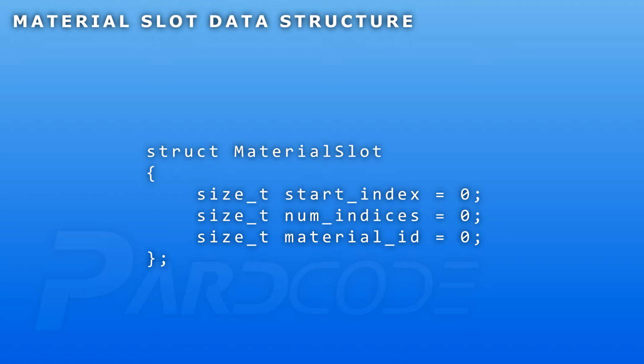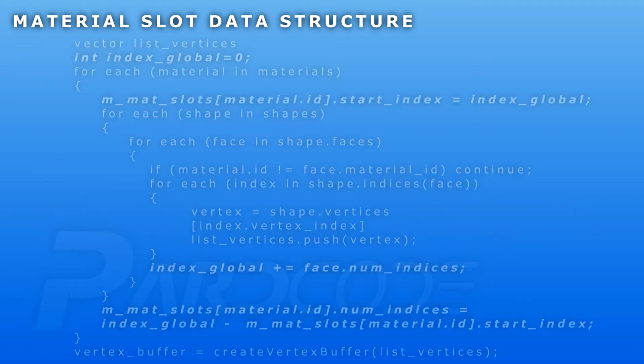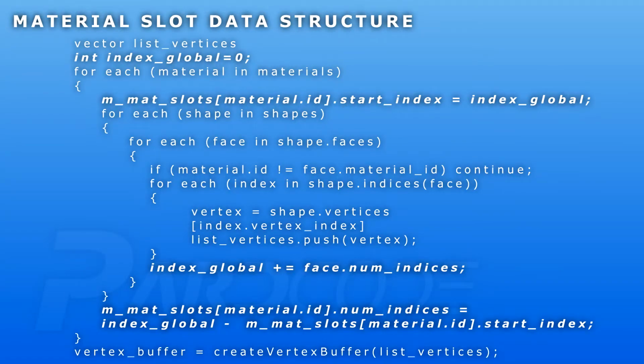Once we have done this, we have to create a list of material slots, whose size equals the number of materials loaded from the MTL file. At this point, for each material, we have to get the corresponding material slot, and here we have to set the start index, the material ID, and once all the shapes have been processed for a particular material, we have to set the size of the portion for the corresponding material slot.